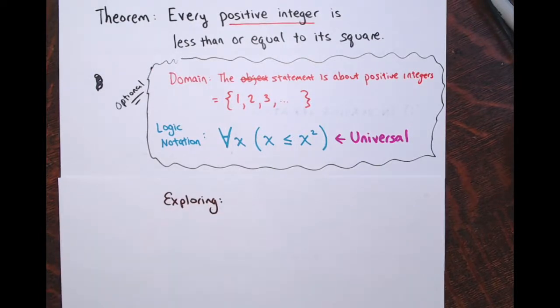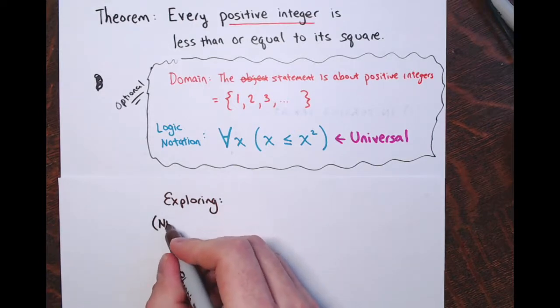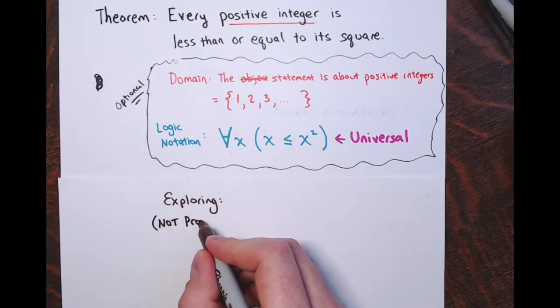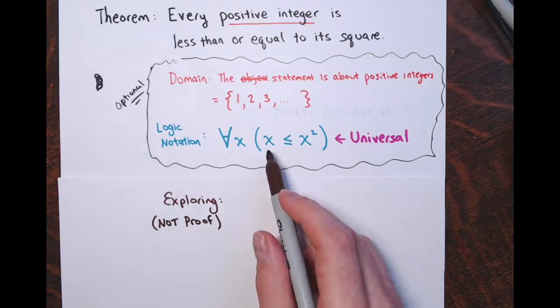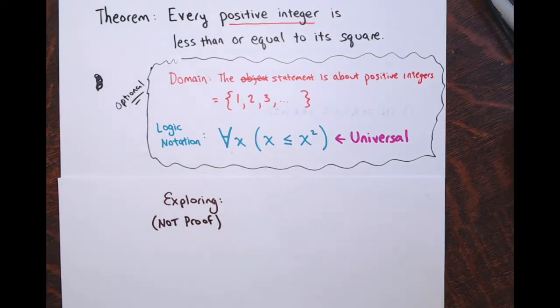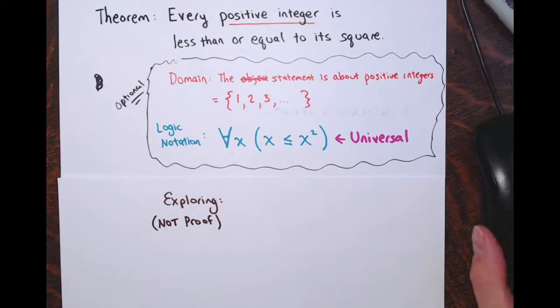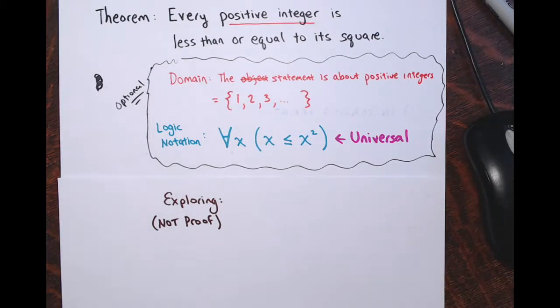This is not the proof. But let's just see if we believe this. Do we even believe that the statement is true? Because if you don't even believe it's true, if you don't see that it's true, how can you go about proving it? Or maybe we'll get lucky and find a counterexample and show that it's false.